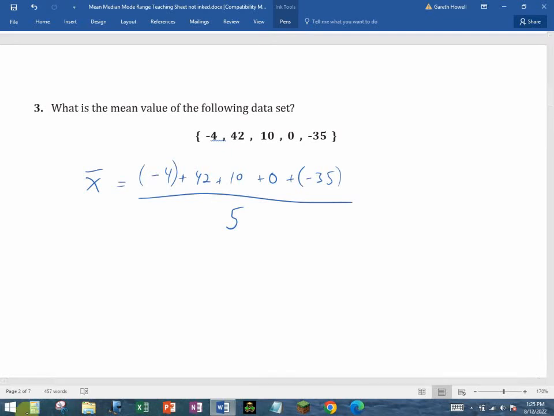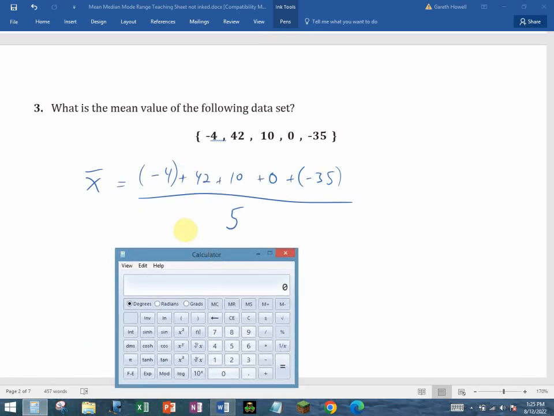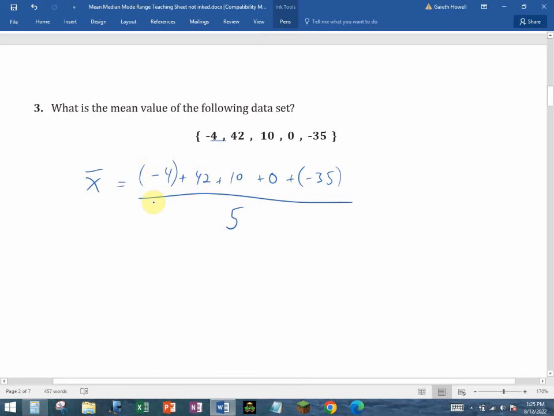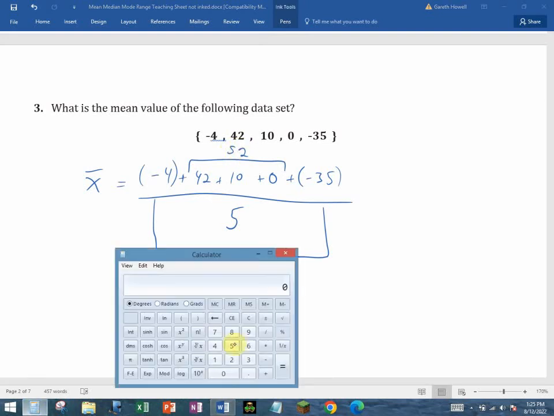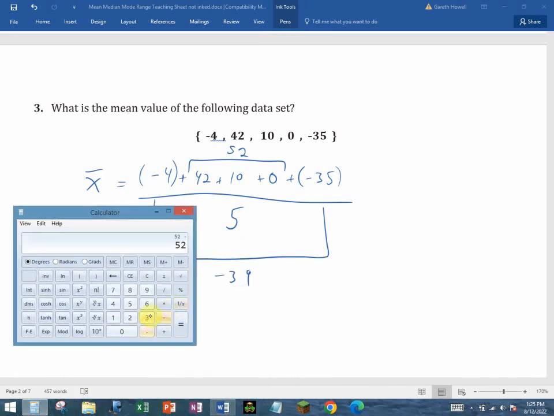Okay, so I add these up. If you want, you can use a calculator too. That's okay. Or you can look at the negative values. So I have a negative 4 and a negative 35. If I add those two together, I get negative 39. And the 42, the 10, and the 0 give me 52. So I have a positive 52, and I have a negative, or subtracting, a 39.